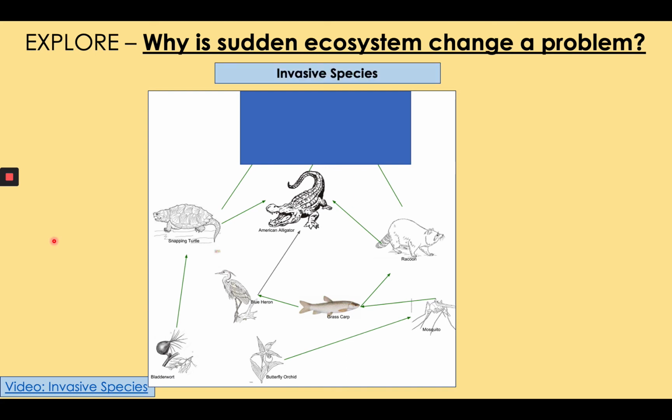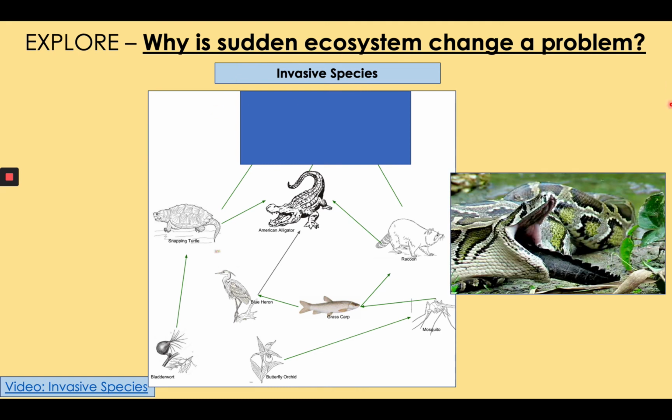However, if you introduce a species suddenly, a predator, and it becomes very, very capable of consuming other organisms, it becomes an invasive species. For example, the Burmese python was introduced to the Florida ecosystem by owners of pythons who let their python pets go when they became too large. Here's the problem.